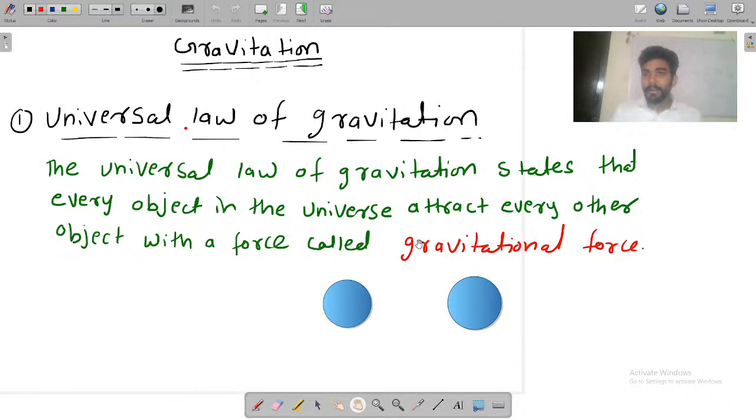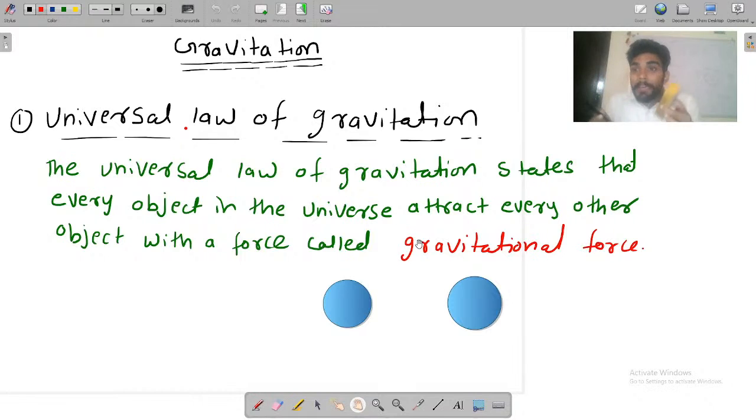force, right? But what is the actual meaning? Suppose that I have a pen and this is a duster. So what does the universal law of gravitation say? The universal law of gravitation says that every object that has mass attracts each other. This has mass m1 and this has mass m2, and both attract each other with a gravitational force.